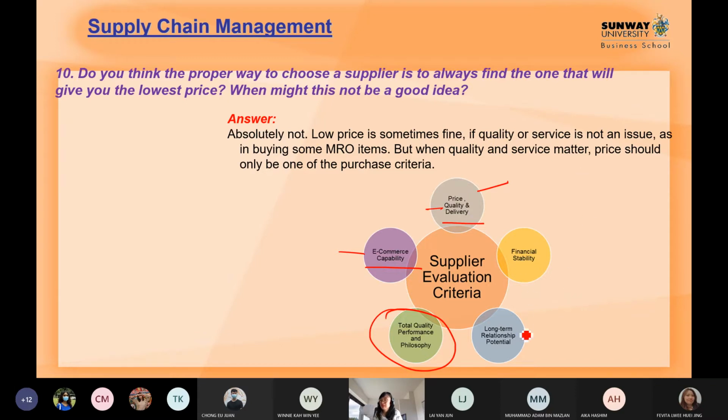Please try to maintain your long-term relationship. Once you open your business, 2 years, 5 years, you hope to see the company after 10 years or so, right? Not because open 2 months, bankrupt. So this is the supplier evaluation criteria. This is an example. Of course, you may go and read further.